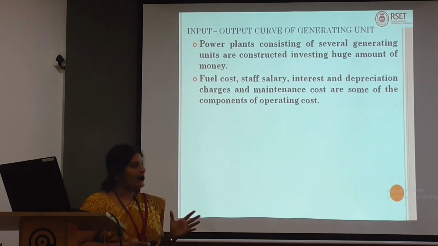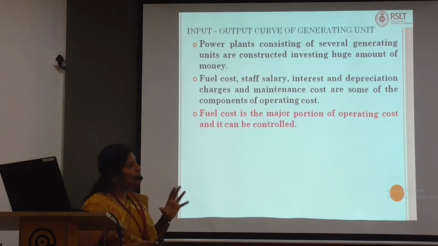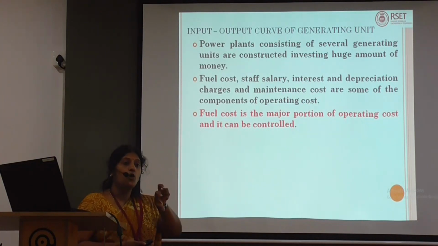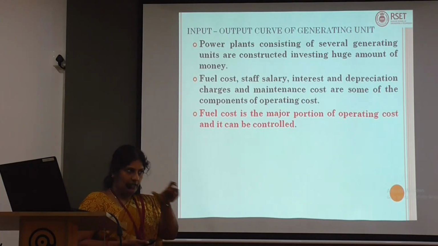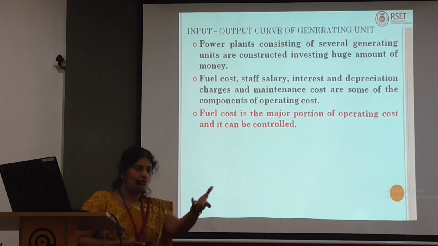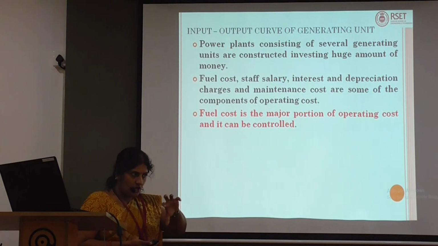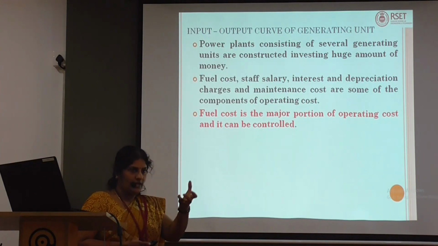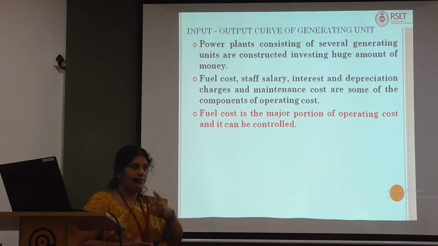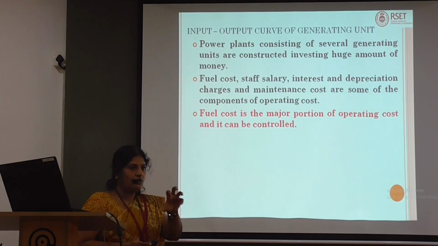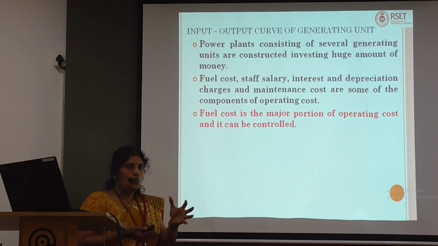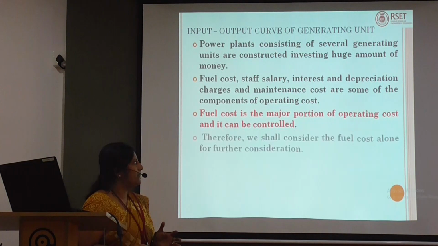Among these, the fuel cost is the major portion of the operating cost and has to be properly controlled, because that determines the power output of the generating station. If we can control the fuel input, we can control the power output of the generator, and we have control over the economic scheduling.